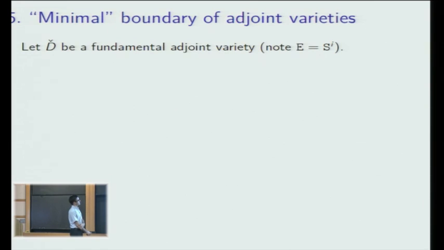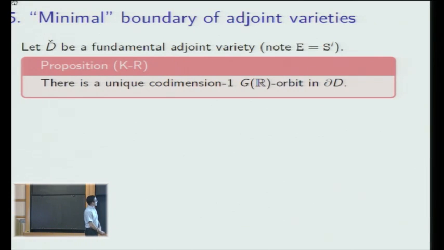OK, so now I take a fundamental adjoint variety. Because the grading element is very simple, it's just a single grading element, dual to a simple root, alpha I. And we have this proposition in our paper, which I like. There is a unique codimension 1 G(R) orbit in the boundary of D in D check.